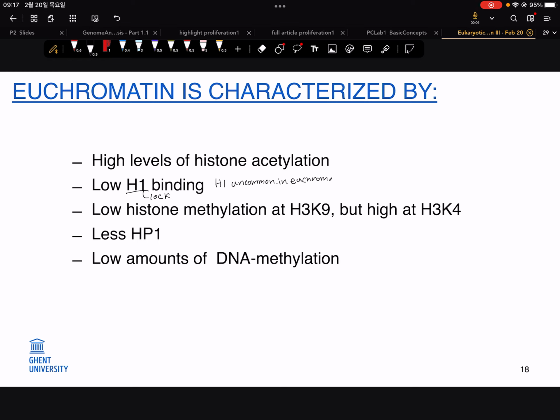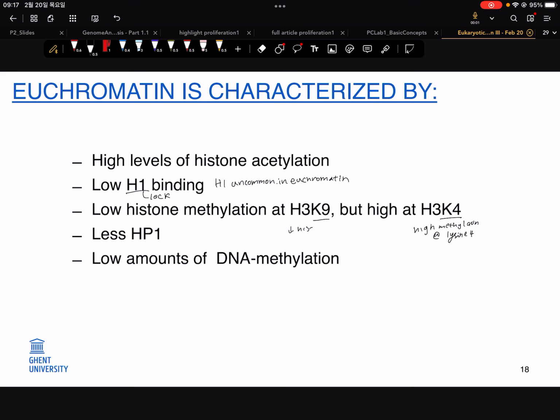Also, very low levels of histone methylation at histone 3, lysine 9. But not the inverse, in fact, very high histone methylation at lysine 4. Histone 3, lysine 4 is the mark associated with those poised genes, ready for activation. So in euchromatin you have lots of methylation, but not on lysine 9.